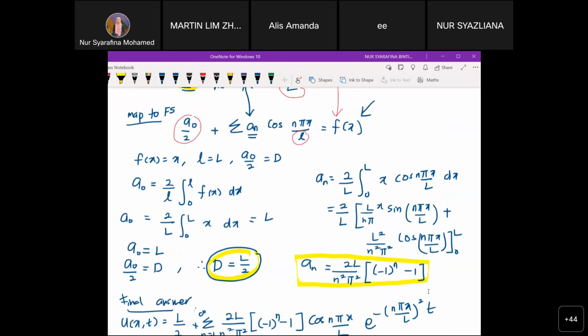Tomorrow, test 2, I'm not sure how many questions. But the topics are given, right? It is excluding the application of second order and also excluding the convolution theorem onwards, right?